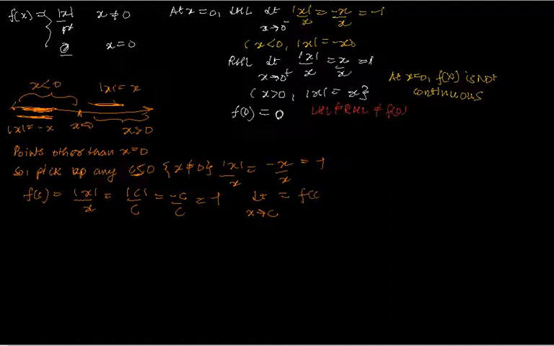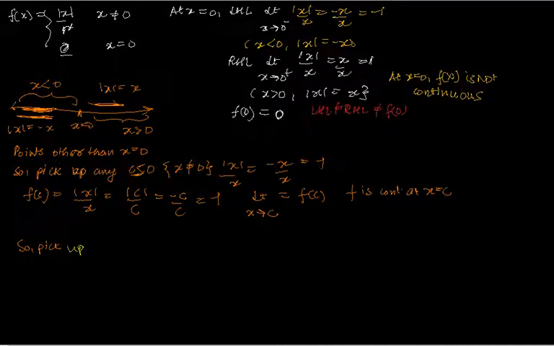So you can say that limit x tends to c is equal to the value of the function at c. Hence f is continuous at x equals to c. Similarly, you can pick up some other color.